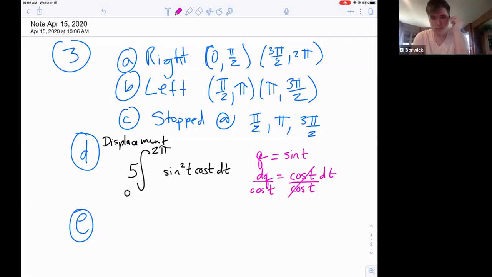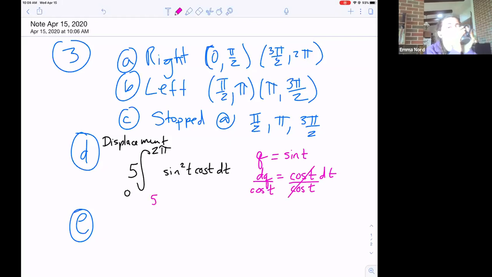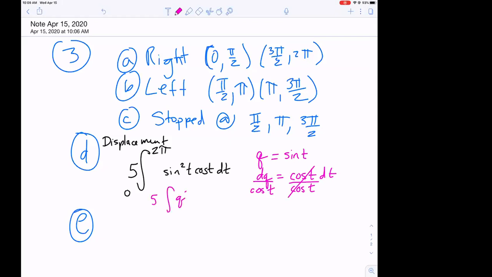Exactly, yes. So we're going to have 5 on the outside, integral of Q squared cosine t dq over cosine t, cross out those. And backwards from Q squared is Q cubed, right? So this would be 5/3 Q cubed plus C.